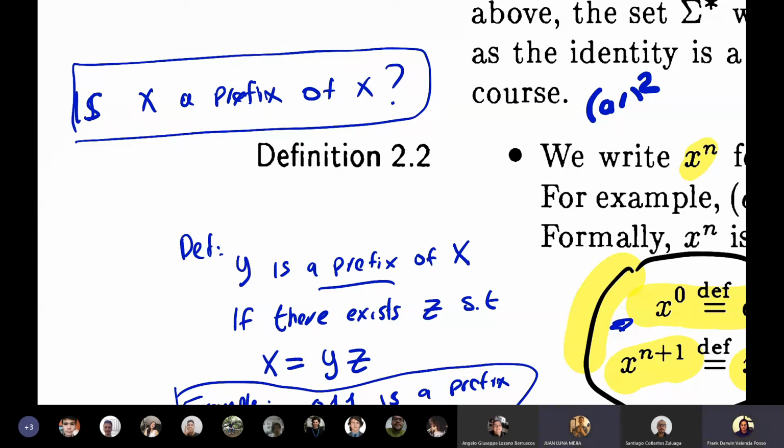Yes. Okay. So how will you define the notion of proper prefix? A proper prefix is a prefix that cannot be itself.